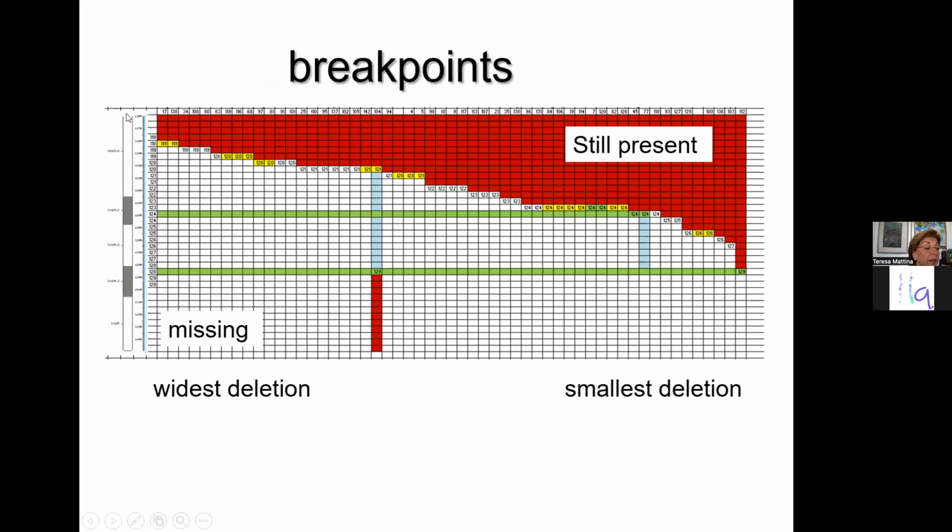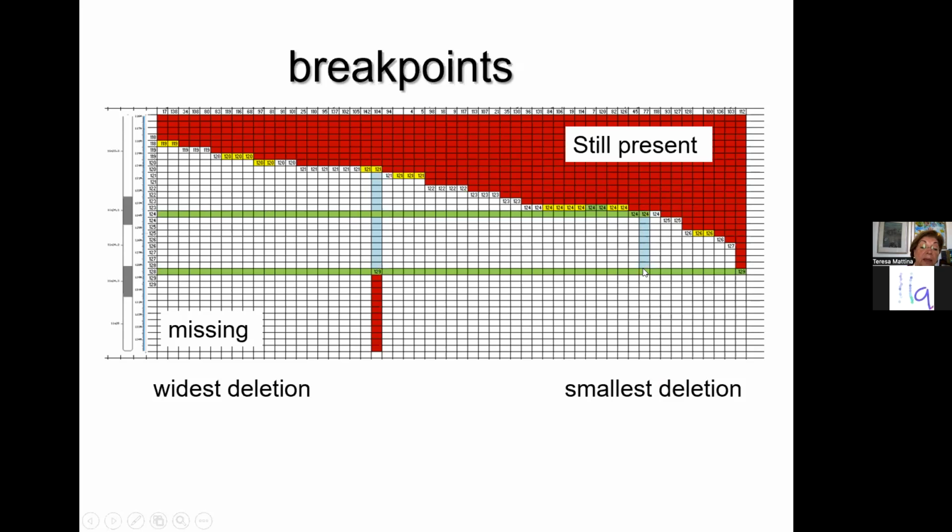Here, this is the drawing of chromosome 11, and each of these lines is a patient with a deletion, a wide deletion in these patients, a smaller deletion in this one. And you can see the blue area.